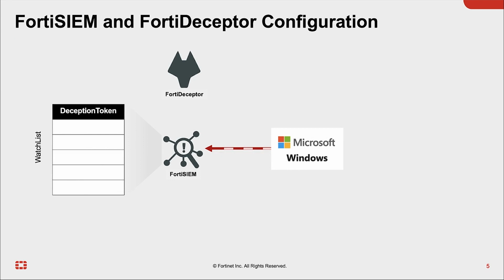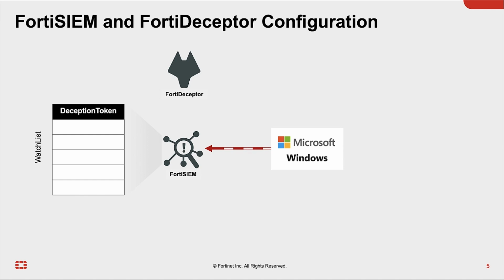So let's take a look at the configuration we have as part of this demonstration, which Moshe will be covering shortly. We have a FortiDeceptor, a FortiSIEM, and a Windows endpoint or server. FortiSIEM is configured to collect the logs from the Windows server or endpoint, either using an agentless protocol or the FortiSIEM agent to receive the events.